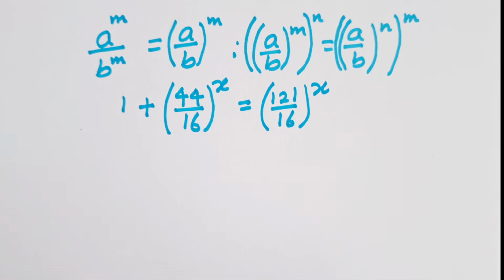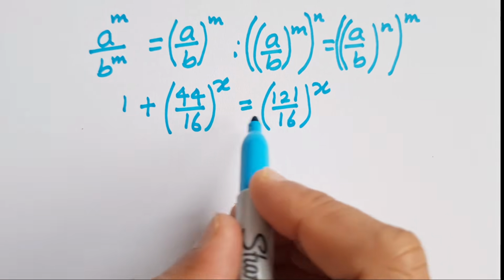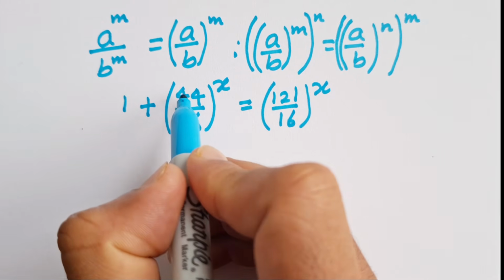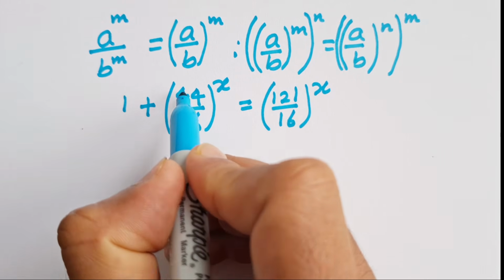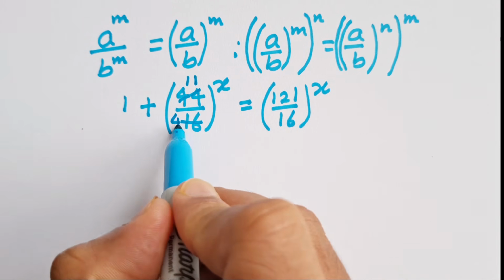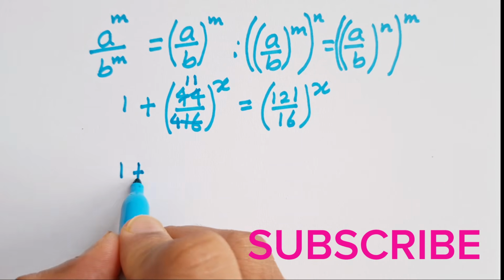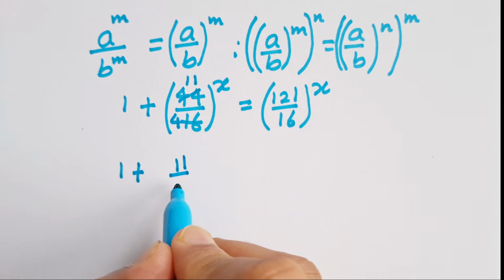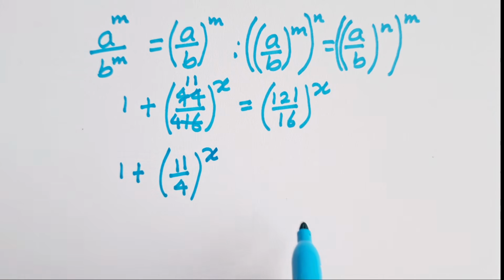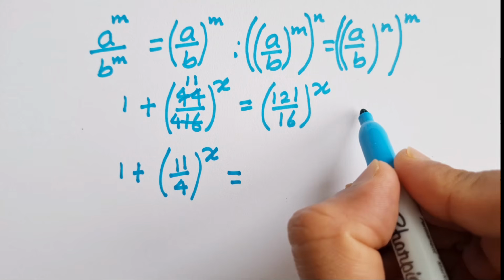Now inside the parentheses here, 44 divided by 16 can be simplified further, both divided by 4. So 44 divided by 4 is equal to 11. 16 divided by 4 is equal to 4. Then we have 1 plus 11 over 4 whole to the power of x is equal to 121.